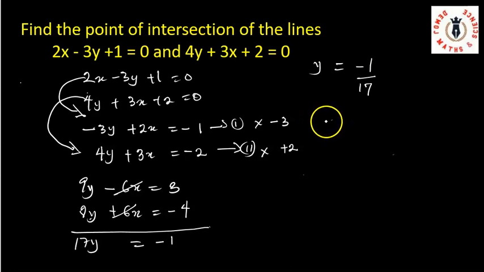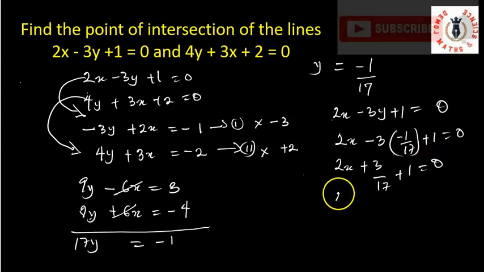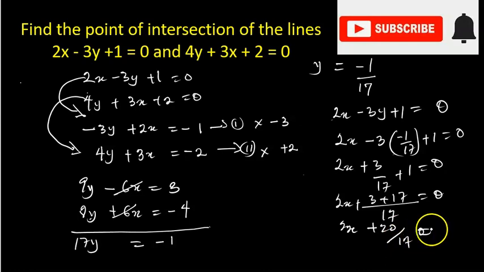Now, solving for x, we have 2x minus 3y plus 1 equals 0. So 2x, we substitute for y, minus 3 times minus 1 over 17, plus 1 equals 0. So 2x plus 3 over 17 plus 1 equals 0. Now 2x plus, over 17, 3 plus 17, equals 0. So that's 2x plus 20 over 17 equals 0.